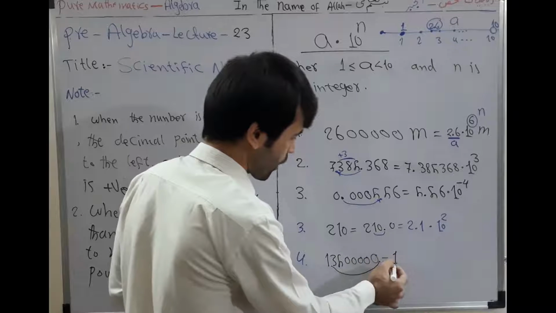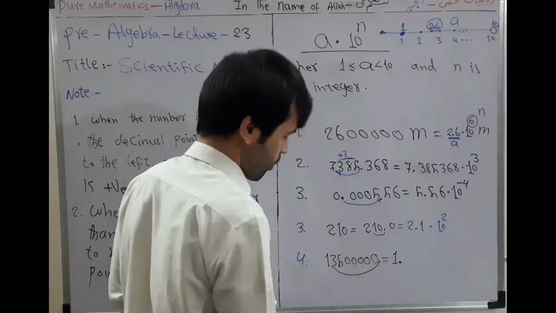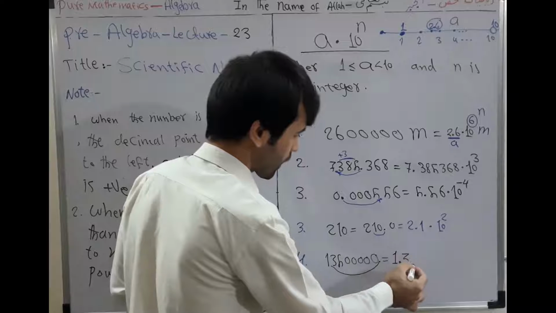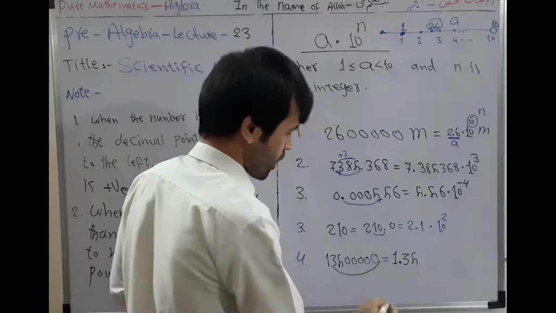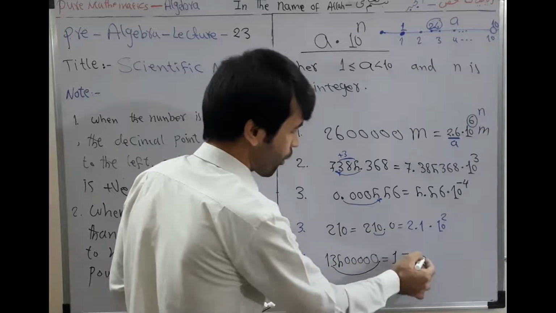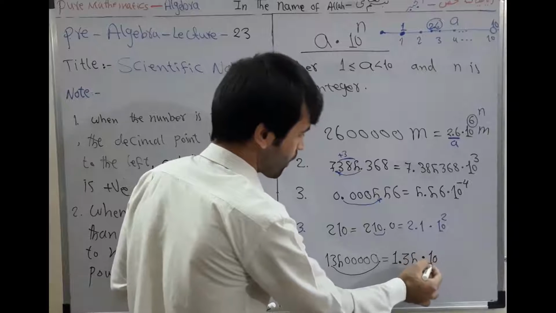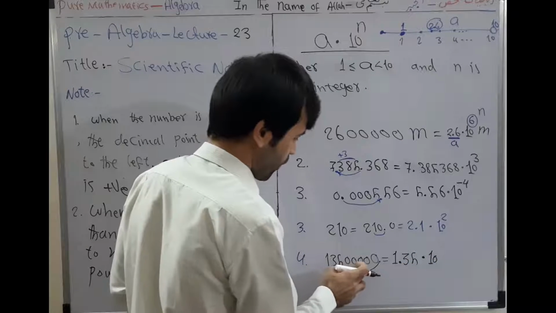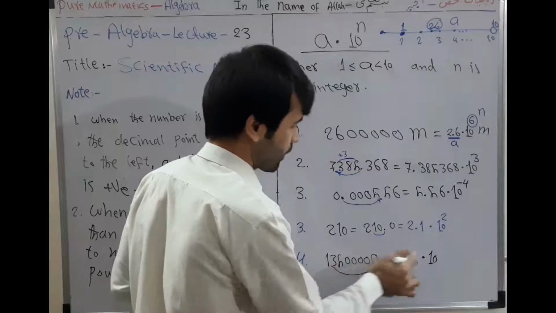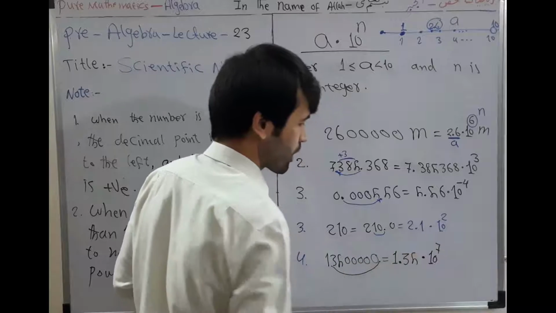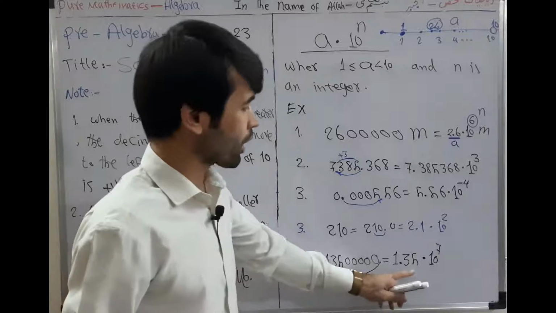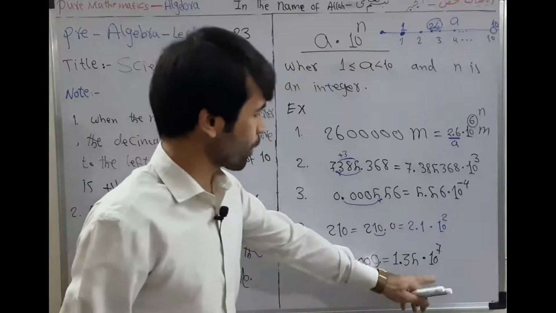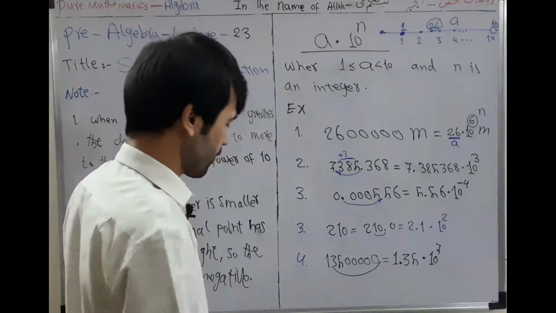Therefore, we can write 1.35 multiplied by 10 to the power 1, 2, 3, 4, 5, 6, 7. 10 to the power 7. 1.35 multiplied by 10 to the power 7.